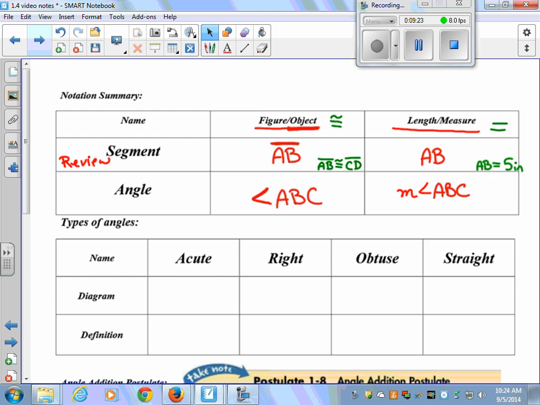So similarly to segments, again, in this case, we could use an equal sign. Maybe it's 52 degrees. And here, no little m for measure, but just angle ABC is congruent to maybe angle DEF. A congruent sign, an equal sign.